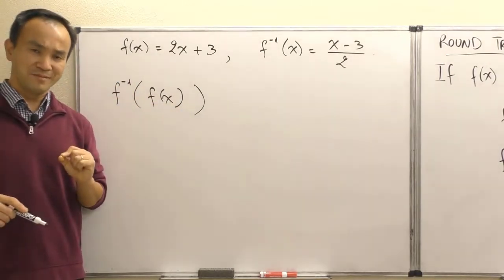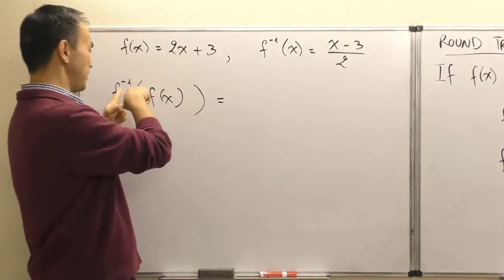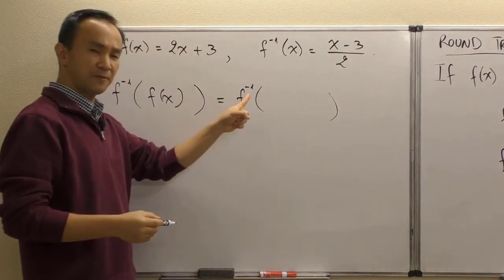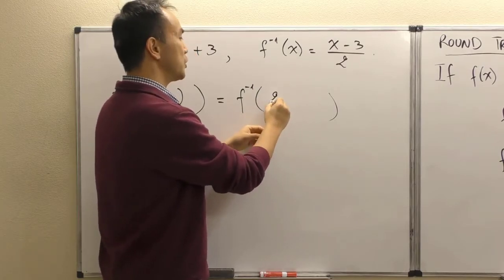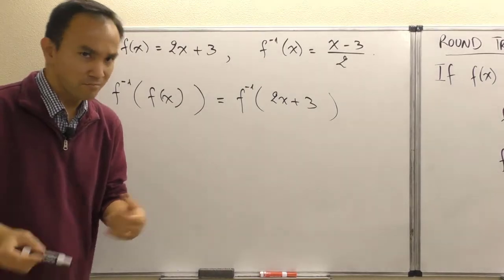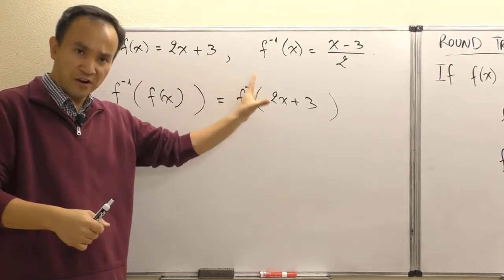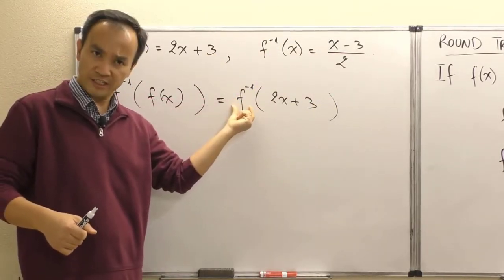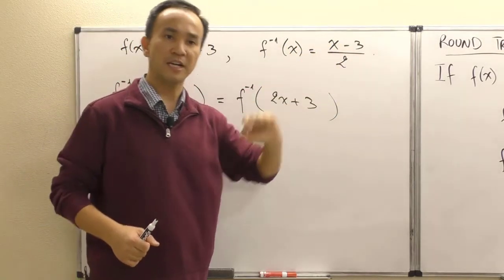Okay? And so in that way it means my function f inverse right here, I'm still writing it the same way, but this function f inverse is going to take the expression 2x plus 3 as its input. The way any function works is that the function takes an input and applies its rule. So f inverse is a rule on its own. This is the rule saying input minus 3 and then divided by 2.